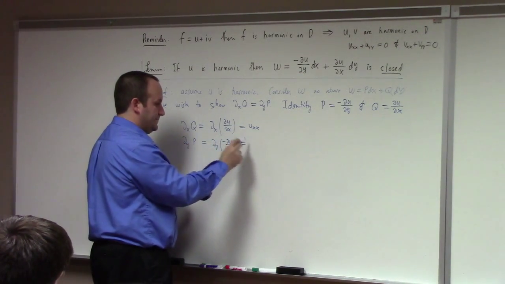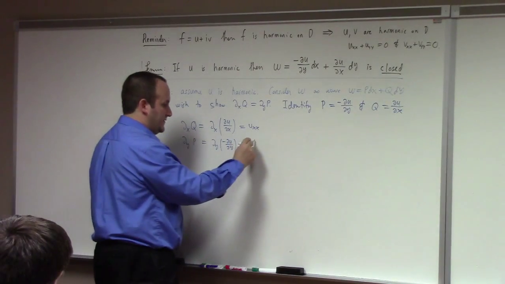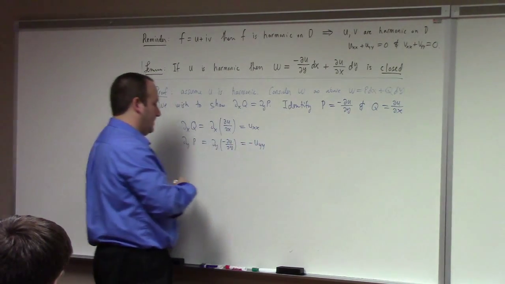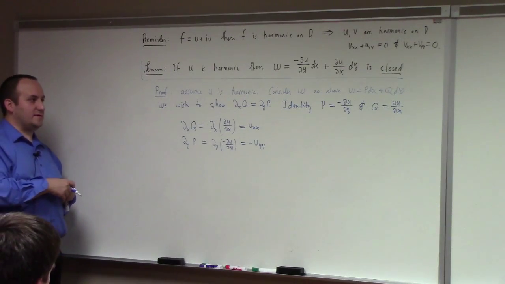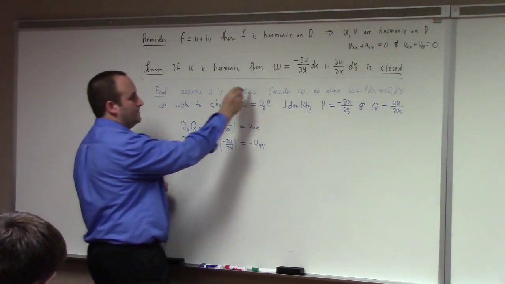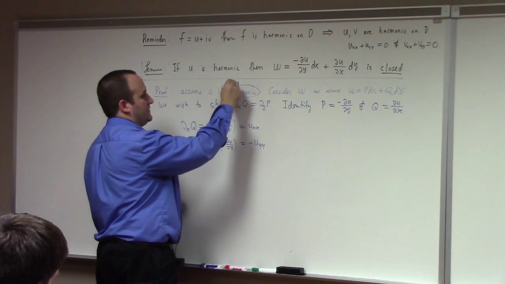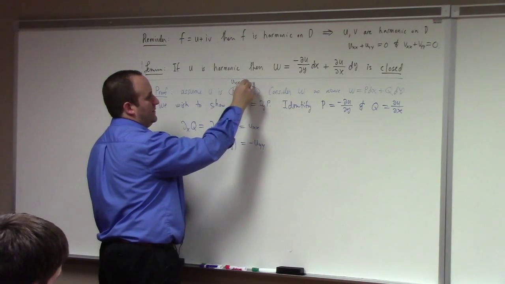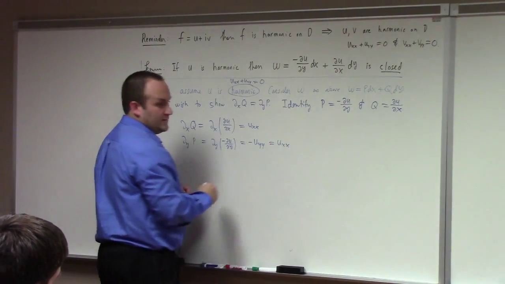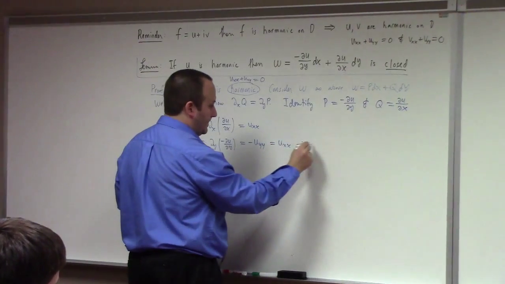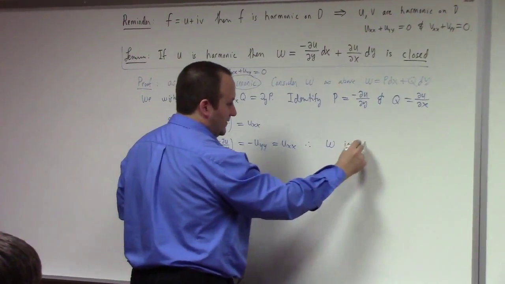All right? So that gives me minus uyy. But hey, u is harmonic, so what does that mean? uxx plus uyy is equal to 0, right? So this is equal to uxx. So therefore, omega is closed.